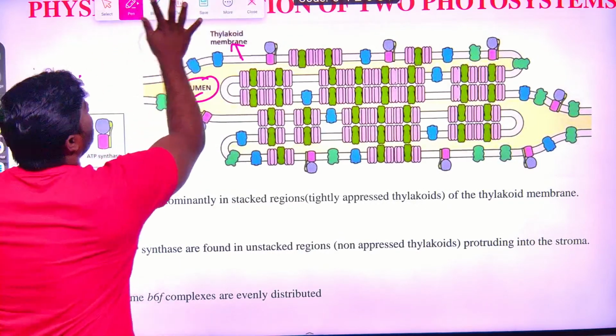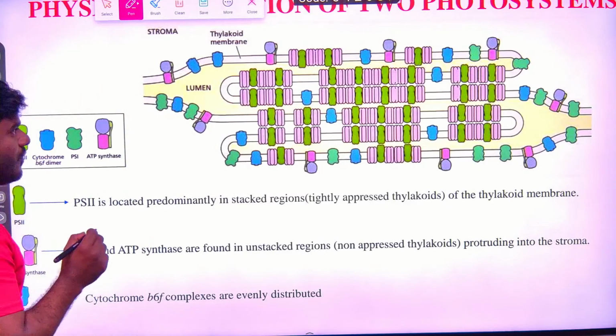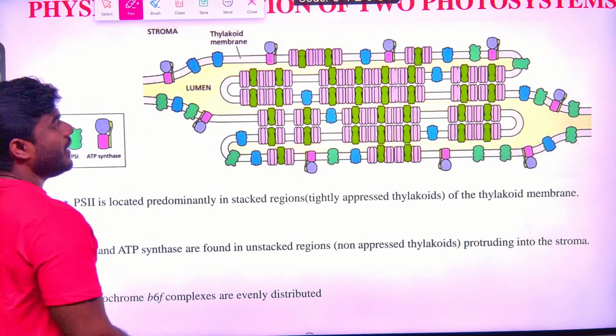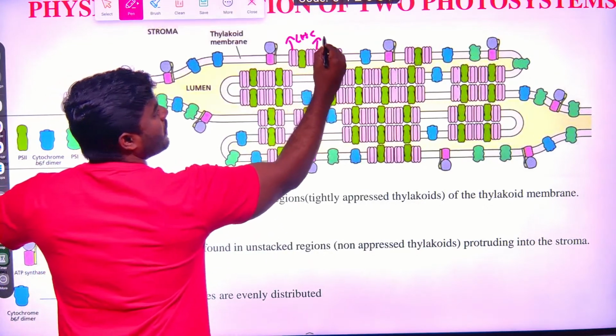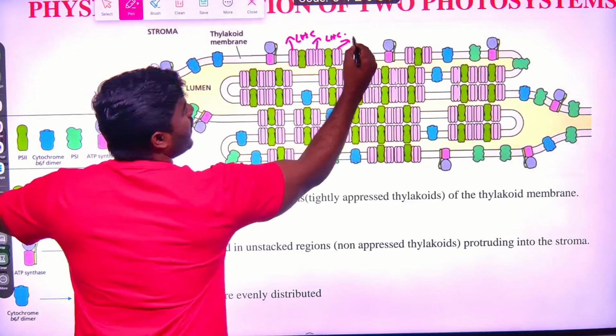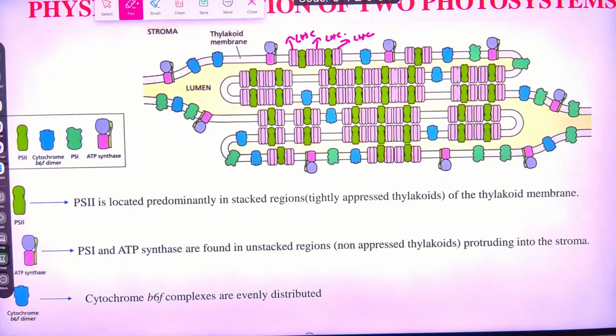There is no point in getting confused there. Now understand what all these are: generally LHCs, or you can say clusters of thylakoids also.